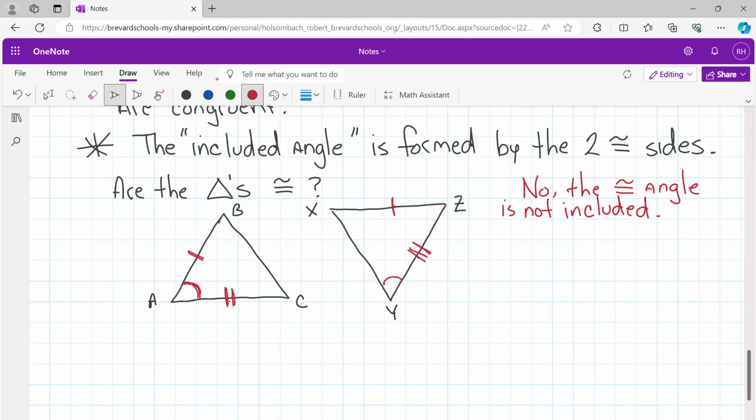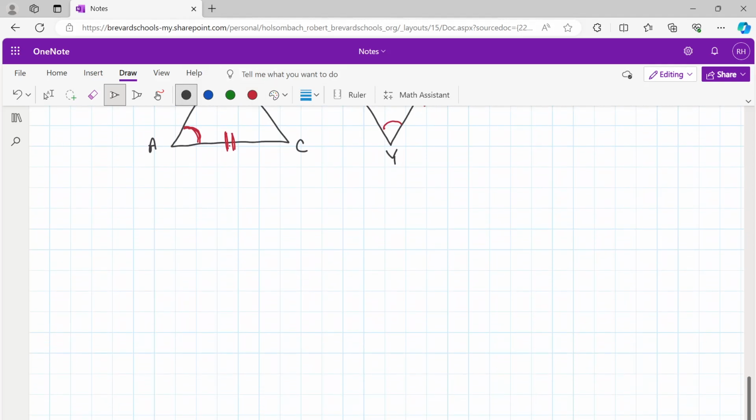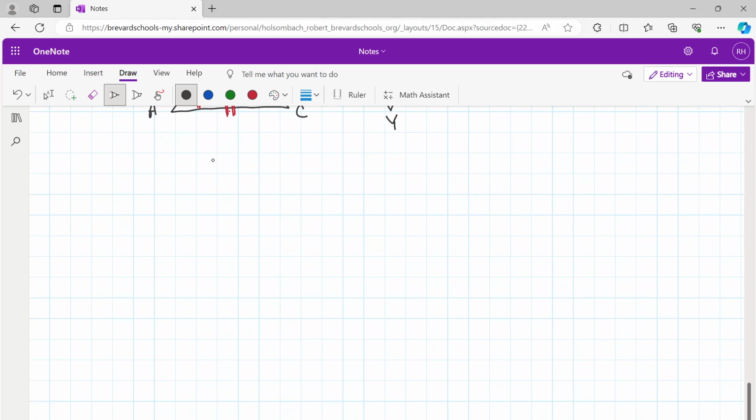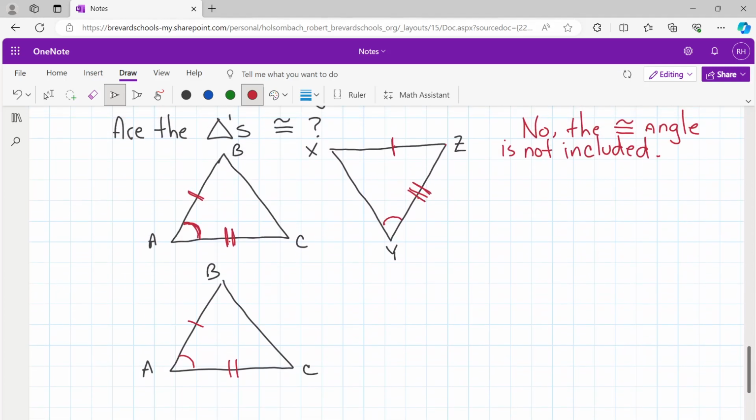All right, so now we're going to draw the same picture. If we go with ABC on the left again, and I go side, included angle, and side. Same picture as the previous problem. Second triangle. Draw the same triangle.